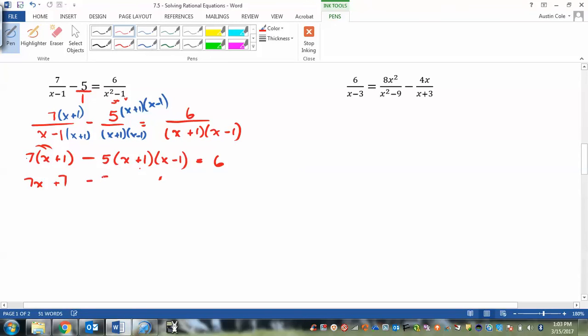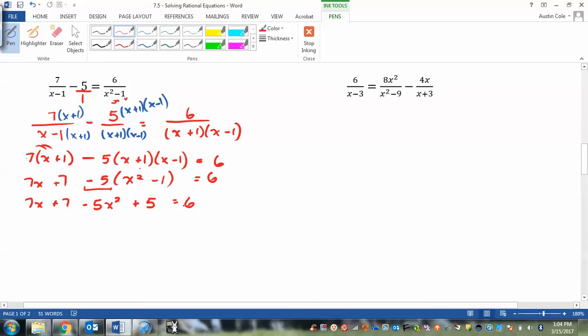So here I'm going to get -5 times x squared minus 1. Now, if you wanted to put that all together, you could have. I like to write it all out. So I get 7x plus 7, and now we're distributing the -5. So -5x squared plus 5 equals 6.